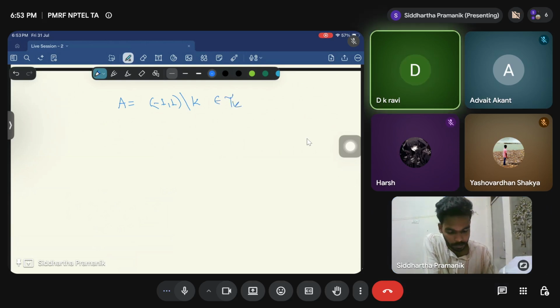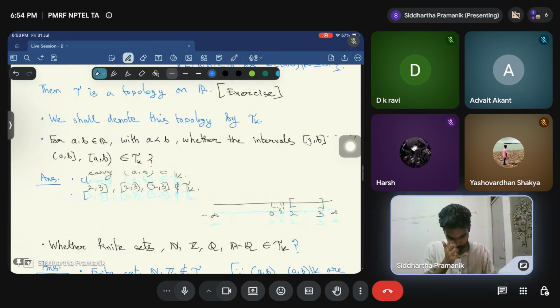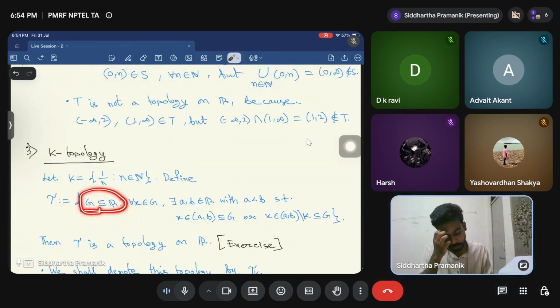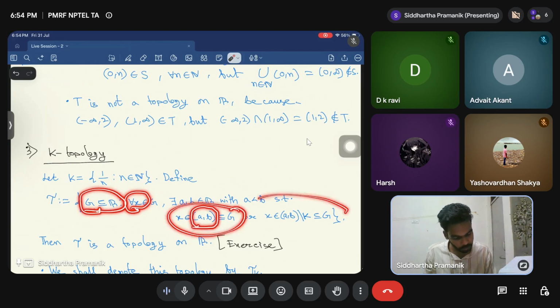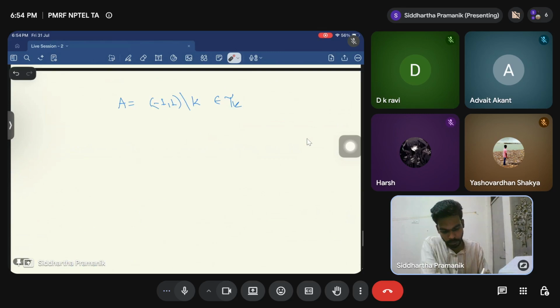Yes, sir. You see the definition of K topology. Which subsets of R are in tau K? For every element of that set, you have to find an interval such that either it satisfies this condition or this condition. So the second condition will hold, and this set is in tau K. Why?